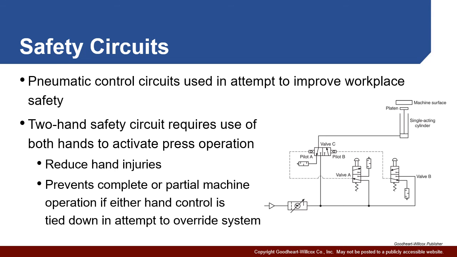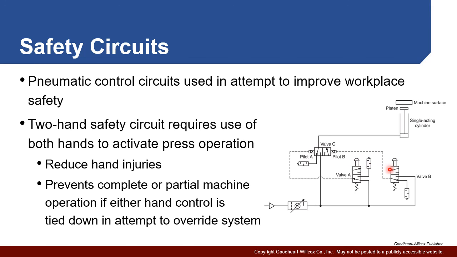The last of the circuits we're going to look at is known as a safety circuit. This is another example of one of those two-handed safety circuits that we discussed in hydraulics. The idea is with a variety of different manufacturing equipment, we want to keep the operator's hands away from any of the functions. So we set up a pair of valves in here that have push buttons that have to be manually depressed.